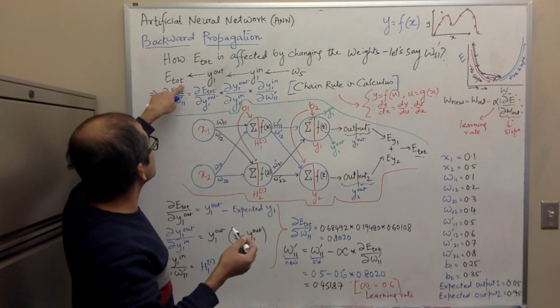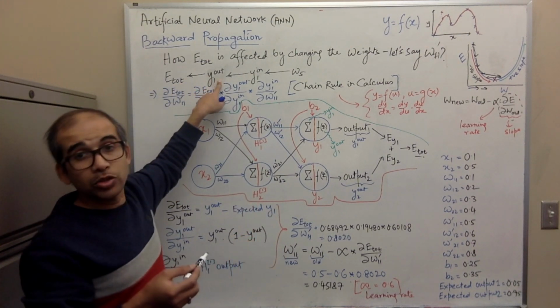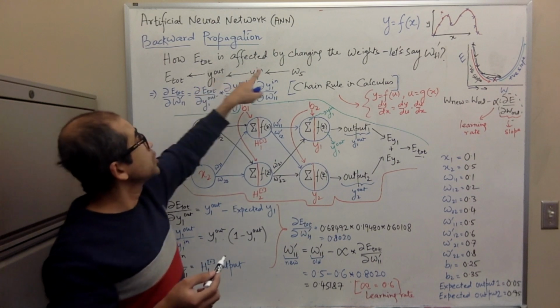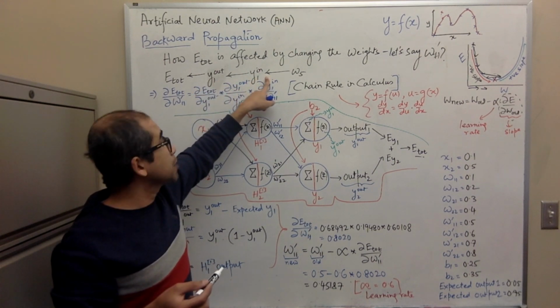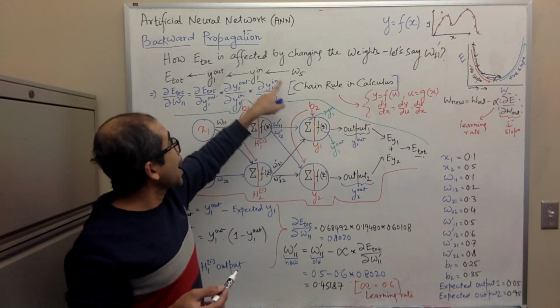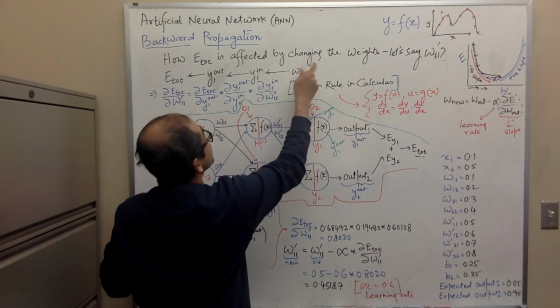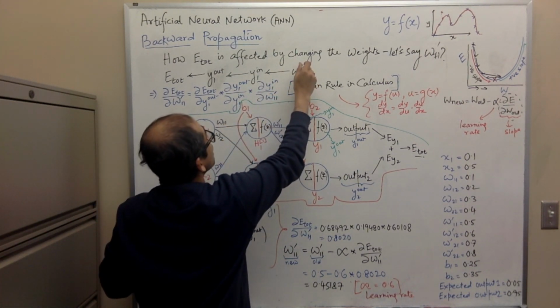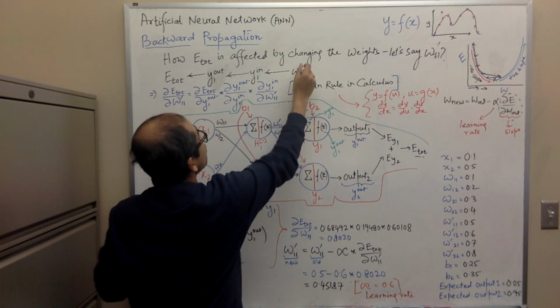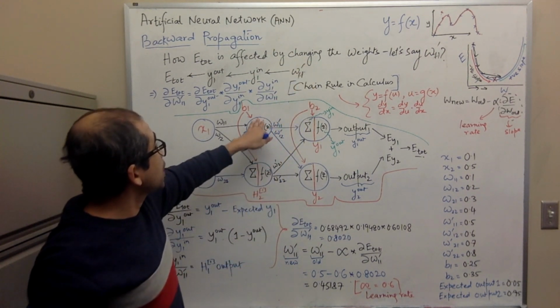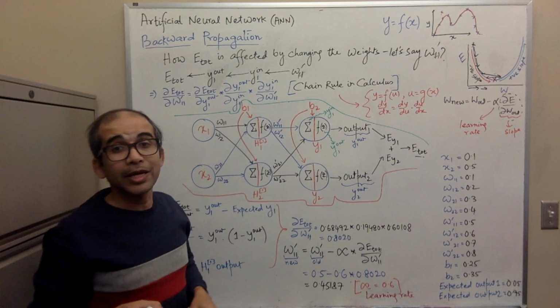So E total is dependent on Y1 out. Y1 out is dependent on Y1 in, which is the input, and that is dependent on W11 prime, which involves the output of the first neuron of the hidden layer.